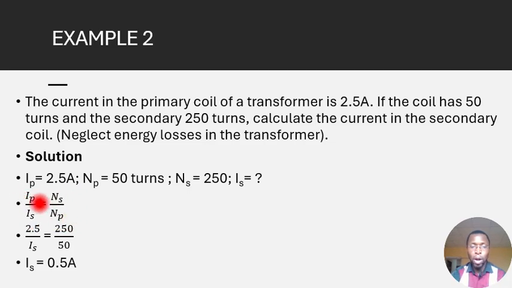So we substitute the value of our IP, which is 2.5 here. Our IS is the unknown one, our NS is given to be 250, and our NP is 50. And so when we cross multiply to determine the value of IS, we have it to be 0.5 ampere.